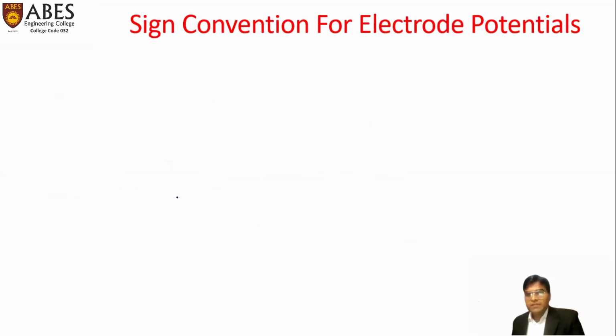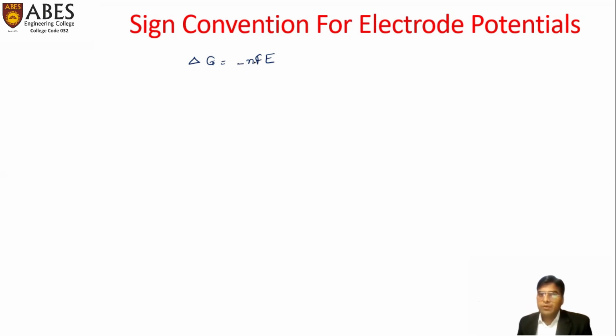Now about the sign convention of electrode potentials. We know that the Gibbs free energy change and the electrode potential are related to each other by the equation delta G equal to minus NFE, where delta G is the Gibbs free energy change associated with the chemical reaction.